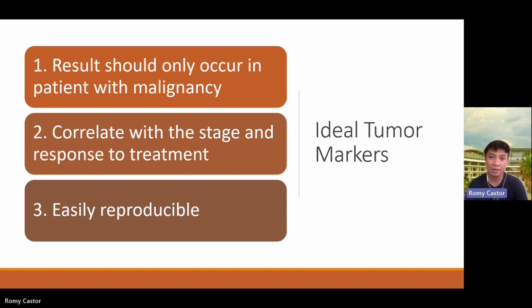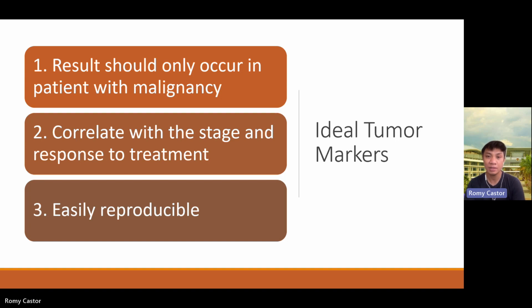Okay, for ideal tumor markers, the results should only occur in patients with malignancy. So when the tumor marker result is high, it should be in a patient with cancer, and when it is low, it means the patient should be healthy. And the second one, it correlates with the stage and response to the treatment.